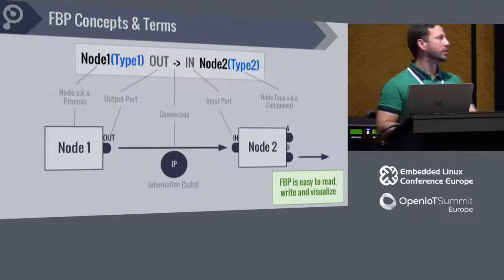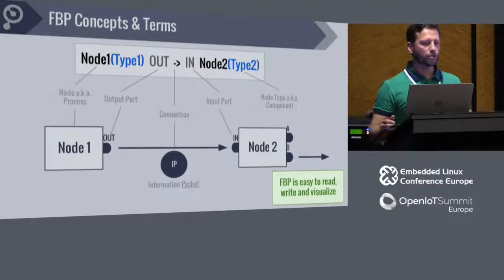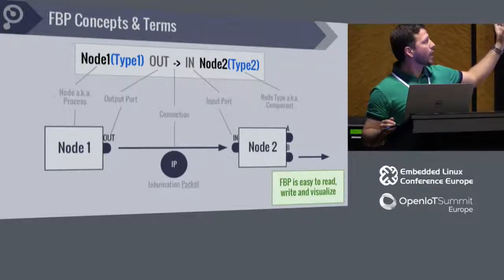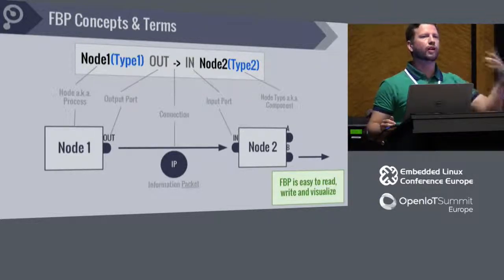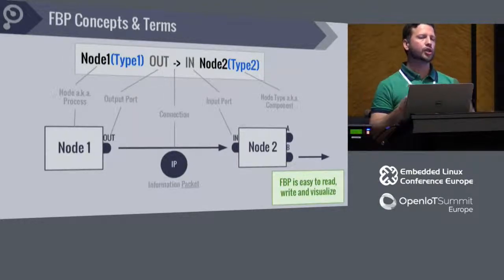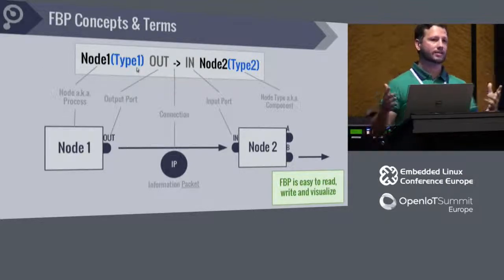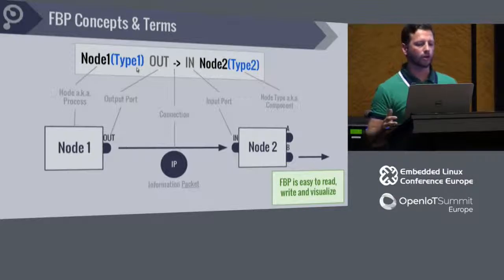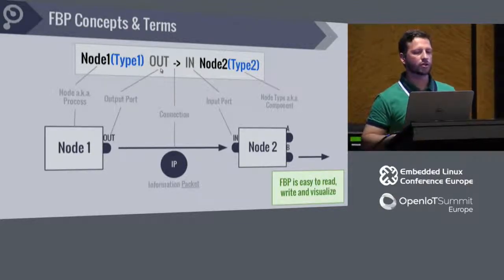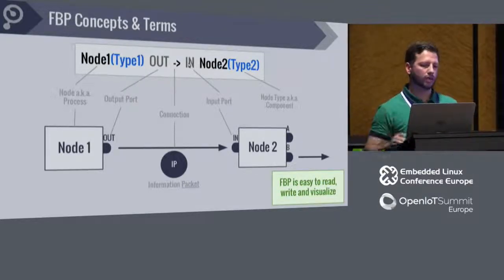So, concepts and terms and their translations to Soleta. You have the domain-specific language at the top, where you write node 1. This is your variable, this is your instance, right? Officially it's called the process. And you have the type, that is your class, or your node type as we call it. And you have the output port, that is connected to an input port of another node and of another type.